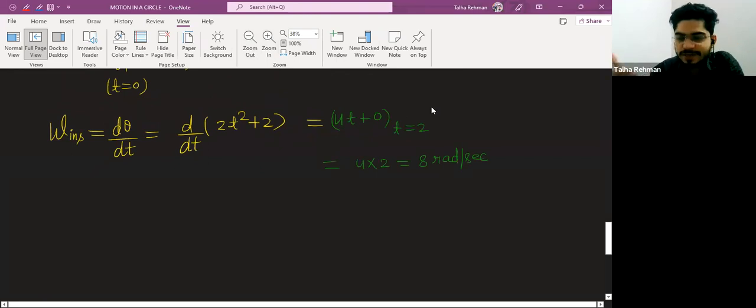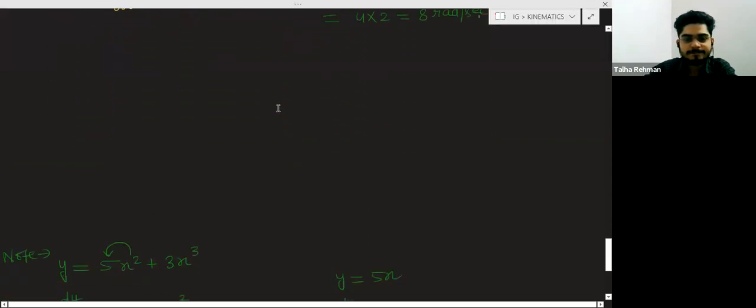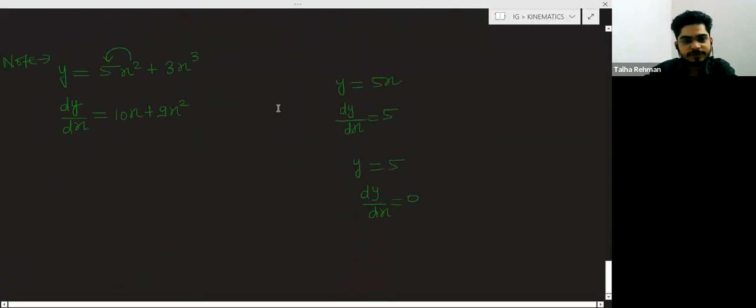So I know that it takes time for the mind to process. And take the screenshot of differentiation also, because differentiation will be required.